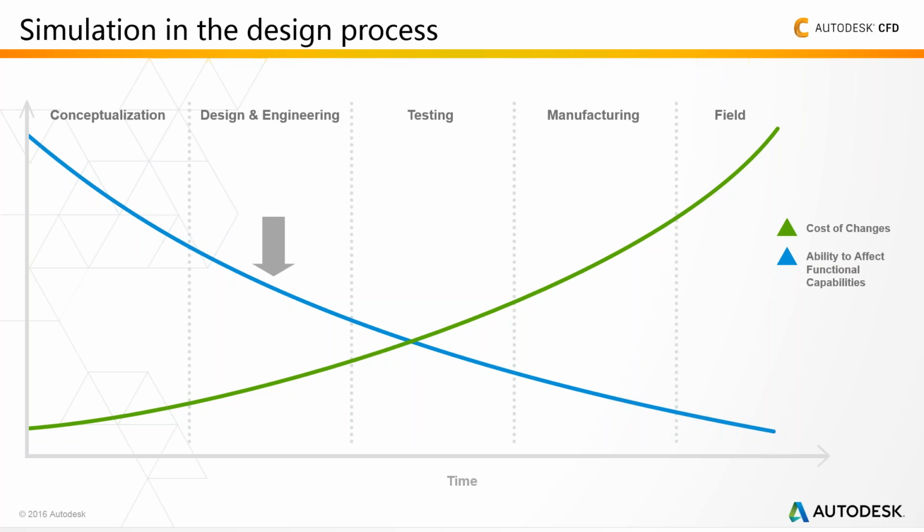So the design and engineering time frame right after conceptualization would be the better timing to use the simulation tools, because at that point we can influence the functional capabilities of the product on a higher extent with a lower cost of change.